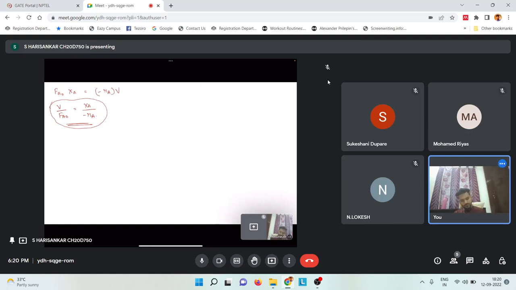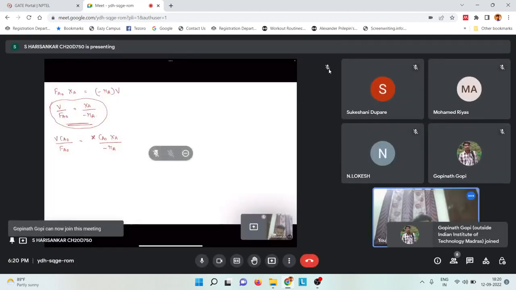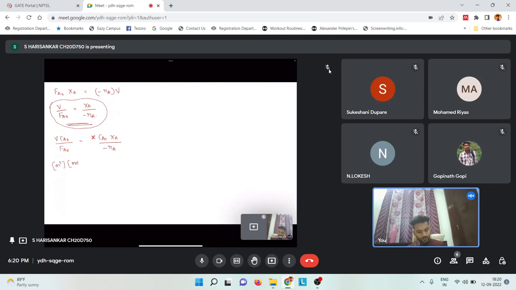Let's say we multiply CA0 on both sides: V CA0 by FA0 is equal to CA0 into XA by minus RA. Taking the left hand side, V is meter cube, CA0 is mole per meter cube, and the whole by FA0, which is mole per second.